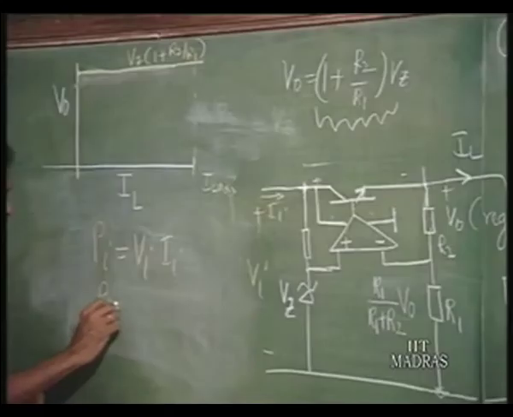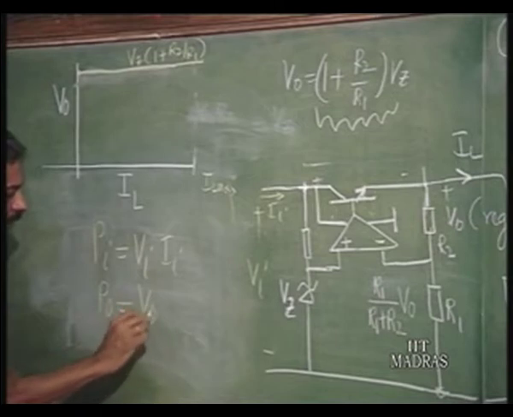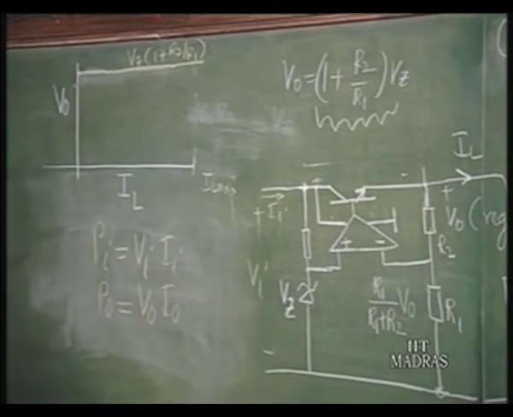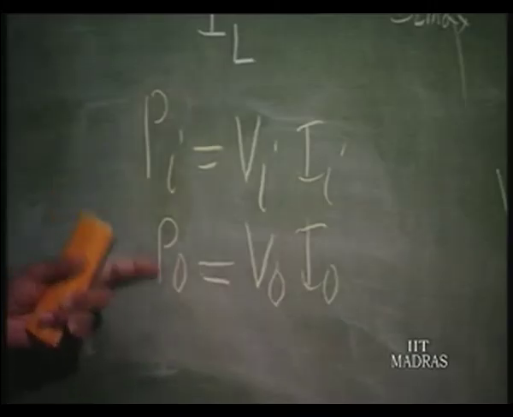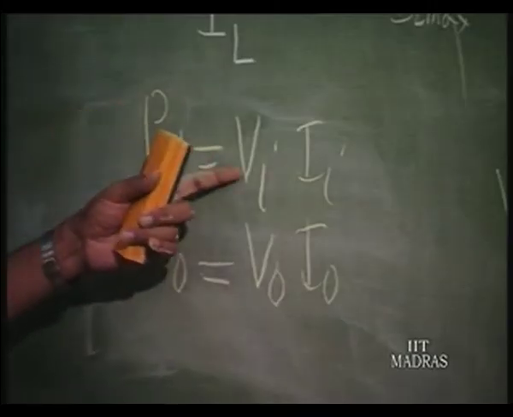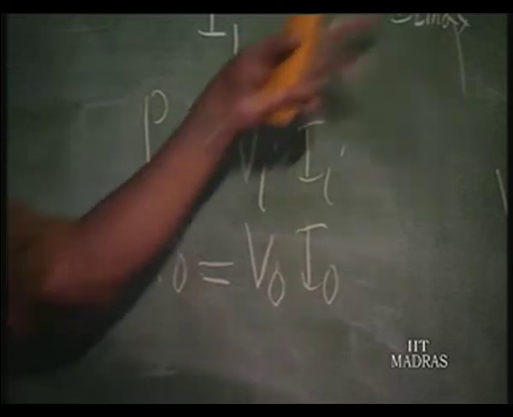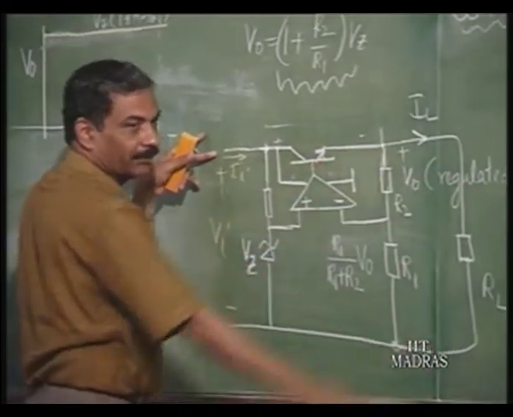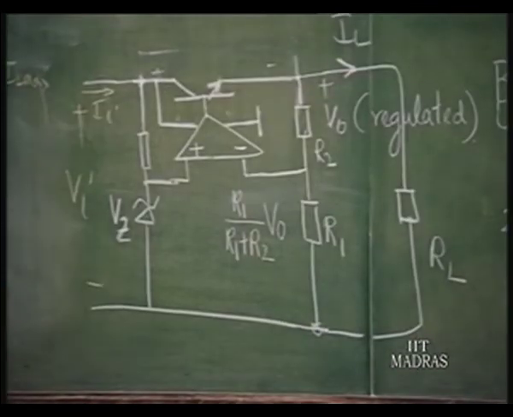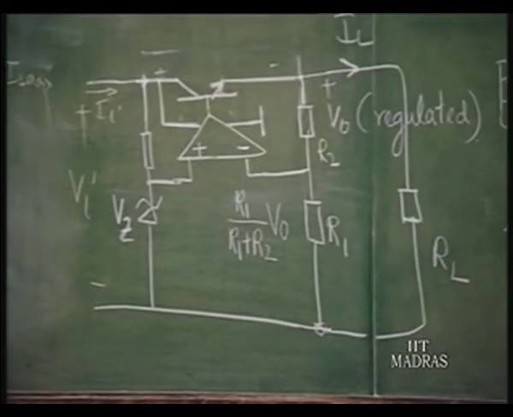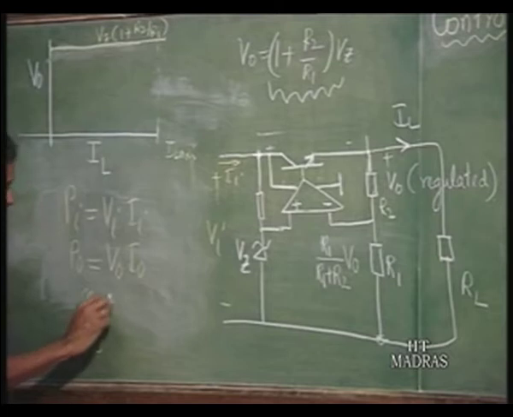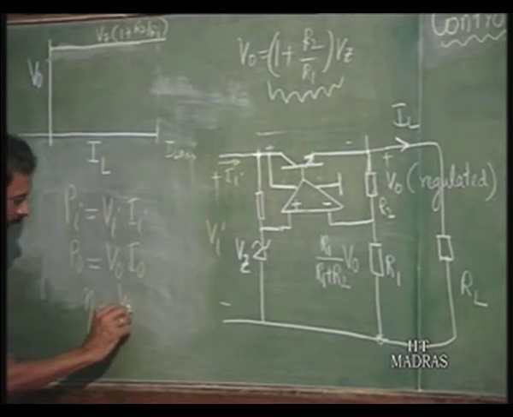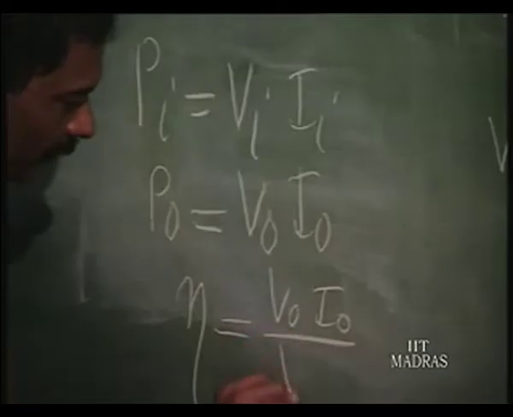Output power is obviously output voltage into output current. Obviously, output power is less than input power, because input voltage is here, something is dropped here and the rest of it is appearing here. Therefore, efficiency is going to be V naught I naught by V I.